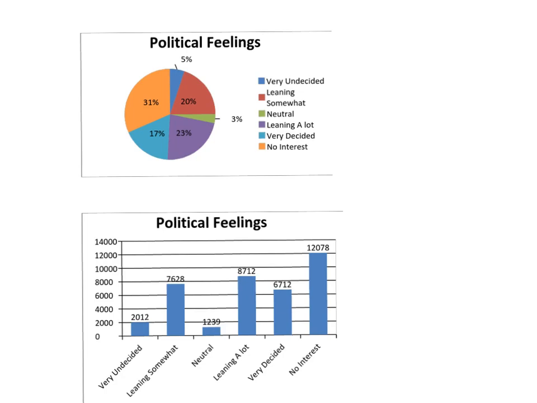This red slice, leaning somewhat, represents 20% of the data collected, so it represents 20% of the area of this circle. If you had 50%, it'd be half the circle, 25% is a quarter of the circle, and so on. And you can see I have a nice title and a key, so those are always good things to have on your graph.